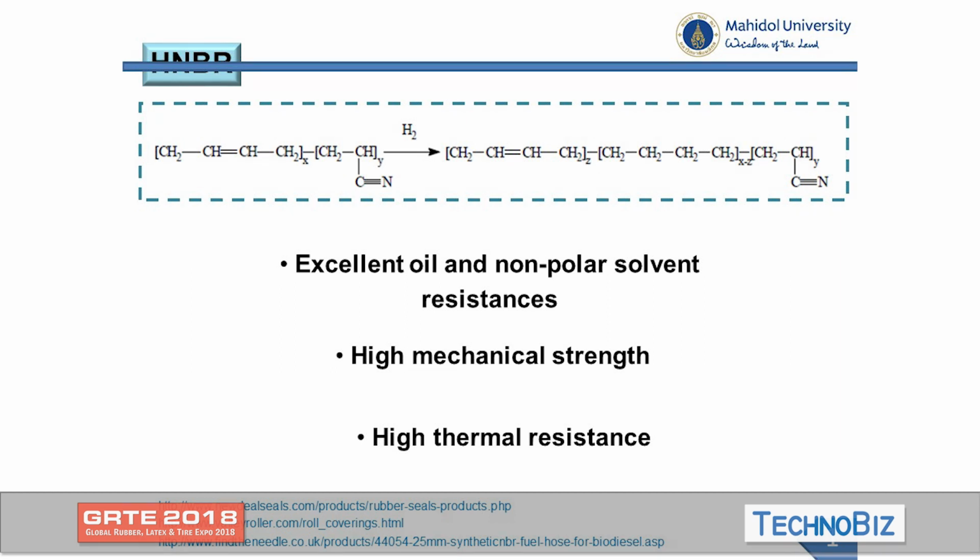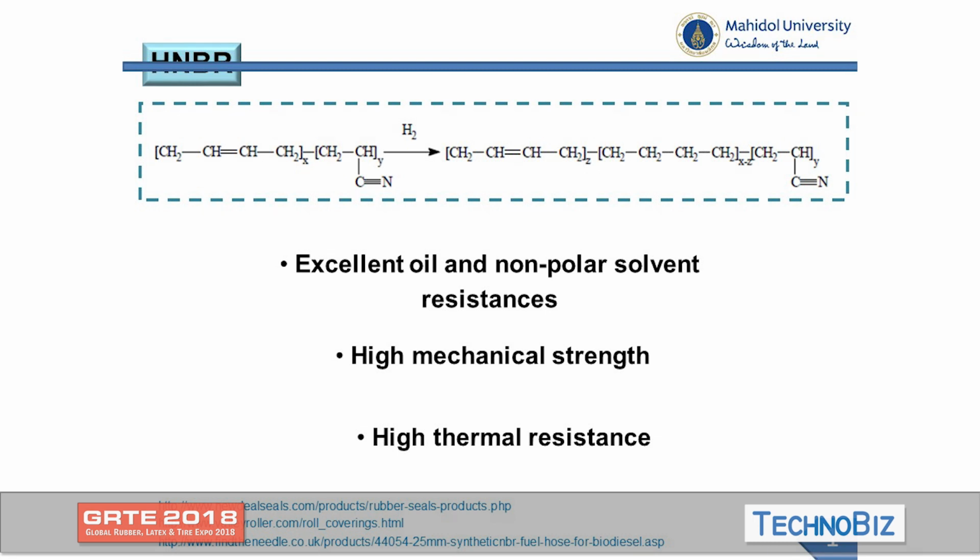HNBR, or hydrogenated nitrile rubber, is a derivative of nitrile rubber. This kind of rubber can be prepared by the hydrogenation process of the NBR, and this results in a more saturated structure.